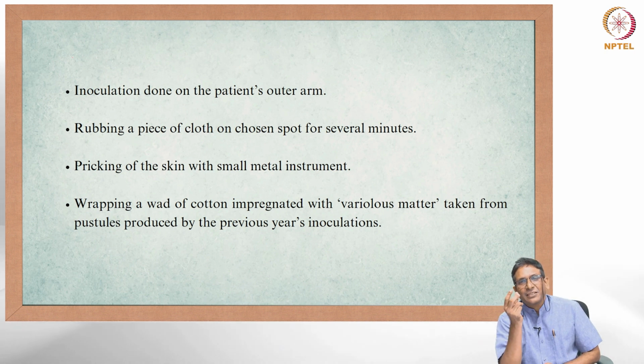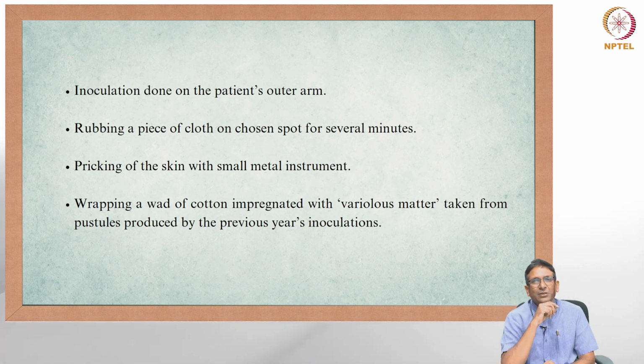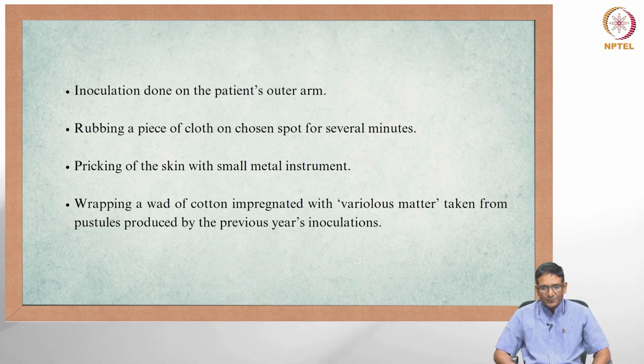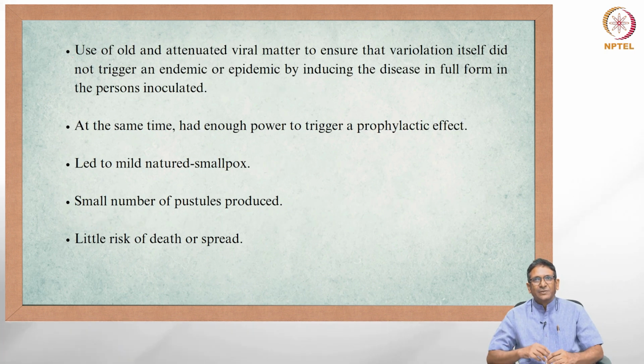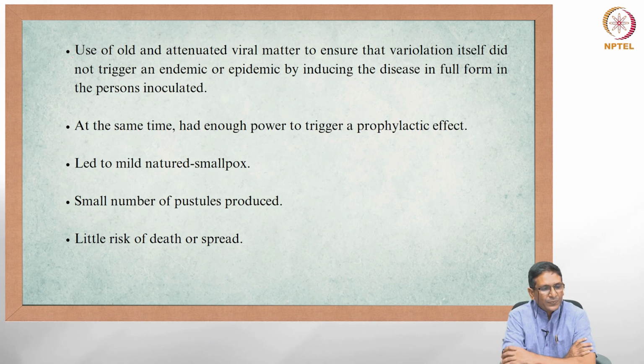So, it is not straight away from a deceased person or live disease condition. This has to be borne in mind. This material is taken from previous year's inoculation, and therefore, it is attenuated, less strong.